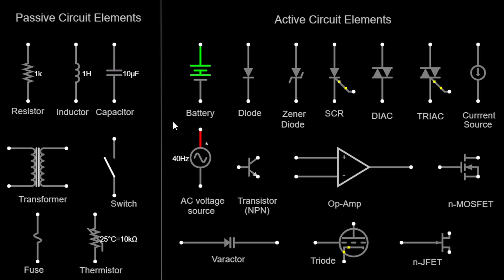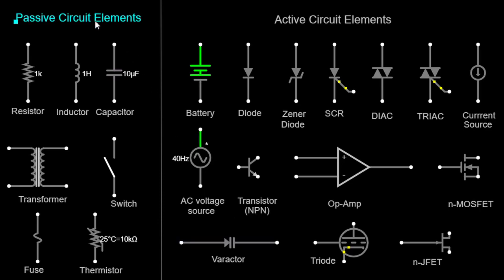Additionally, we will uncover the realm of active circuit elements, including batteries, diodes, Zener diodes, SCR, DIAC, triac, current sources, AC voltage sources, transistors, NPN, op-amps, NMOS-FETs, varactors, triodes, and NJ-FETs. So let's dive in and unravel the mysteries behind these essential building blocks of electronic systems.